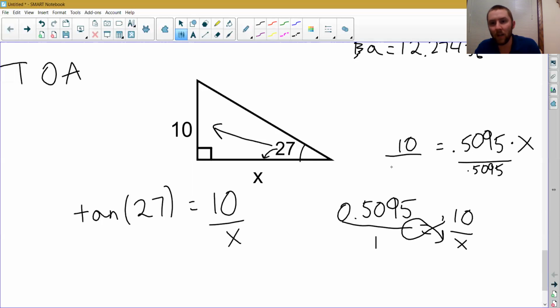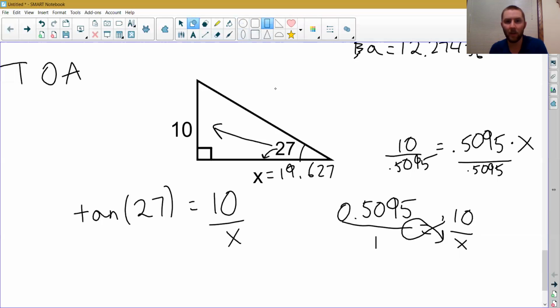It's just 10 divided by 0.5095. So if I do 10 divided by 0.5095, my x value here is 19.627, which you could round off to 19.63 or to 19.6 if you wanted. So that would be my answer for that missing side length, okay?